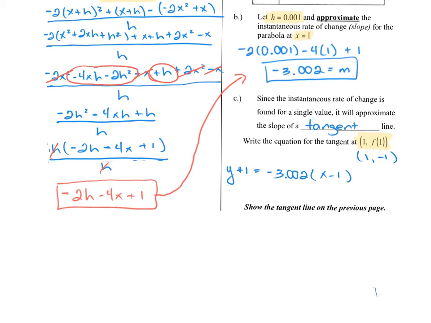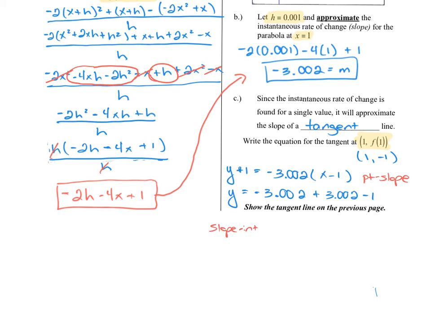Then if I want to clean this up a little bit more, I can move everything to one side and expand, and I get negative 3.002 x plus 3.002 minus 1. This would be my point slope form. Remember, we started with point slope, and we want to ultimately get this into slope intercept form, which is going to help us to graph a little bit easier.